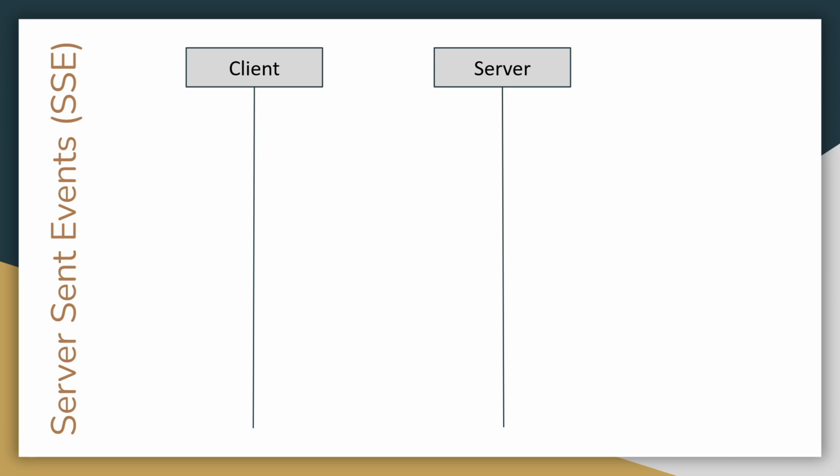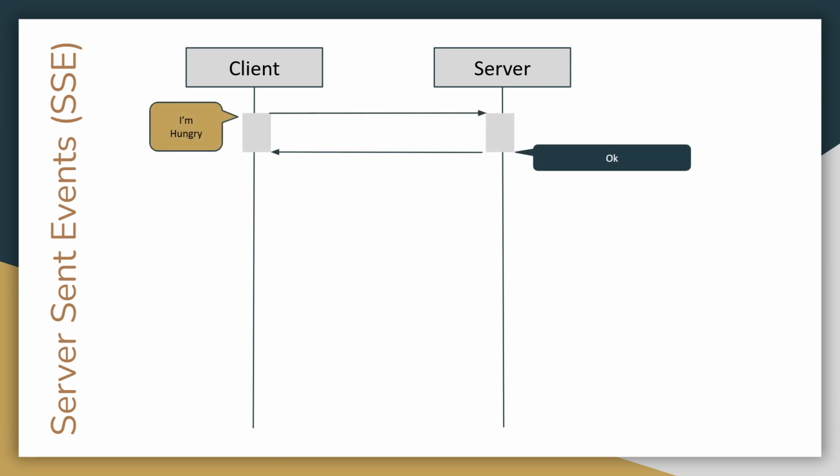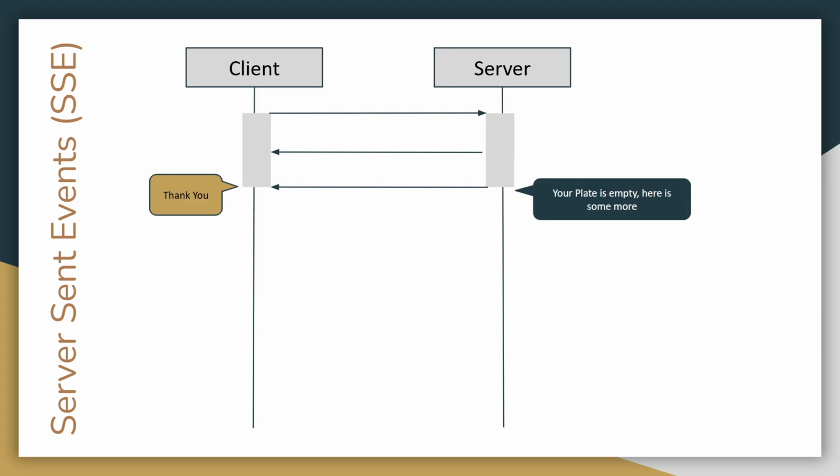So server-side event initially starts up with just doing the connection. The client makes the connection, sends a message, and the server can respond anytime it wants. So if you notice, the server sent another message without the client needing to make any request.